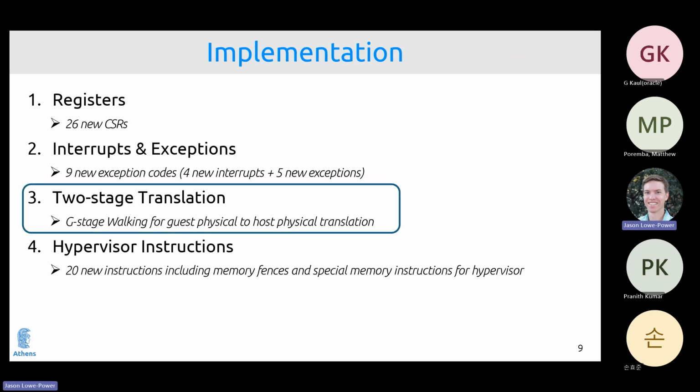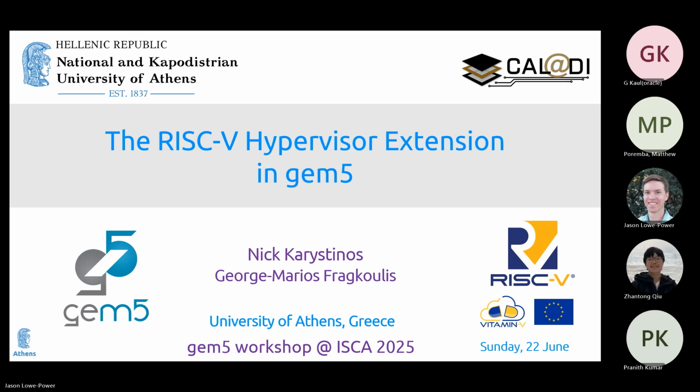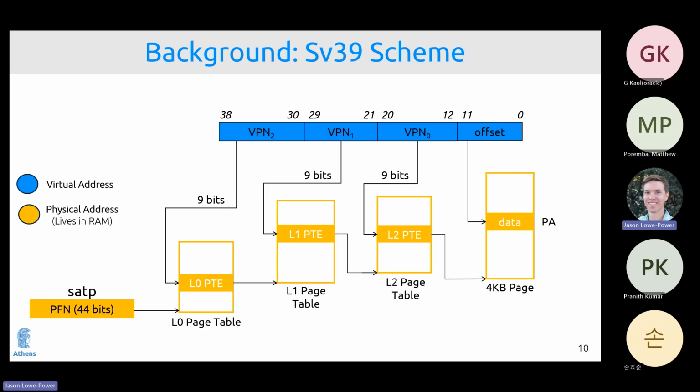And now let's move on to the, let's say, the beef, the main part of the implementation, which is the two-stage translation, where you have to implement the G-stage walk. So imagine we have a normal page walk, as we all know. This is a three-level page table. You have the SATP register that contains the base of the level 0 page table.